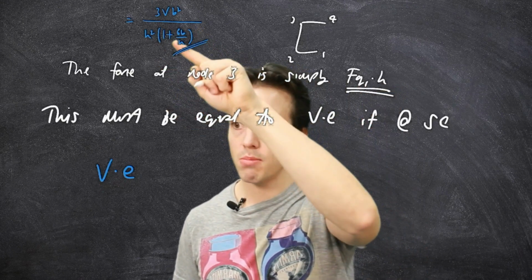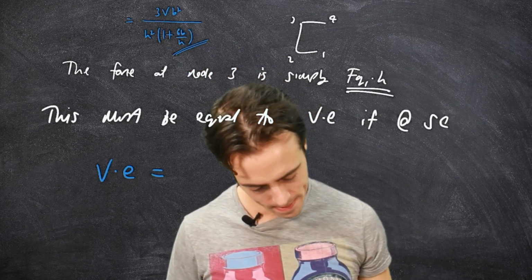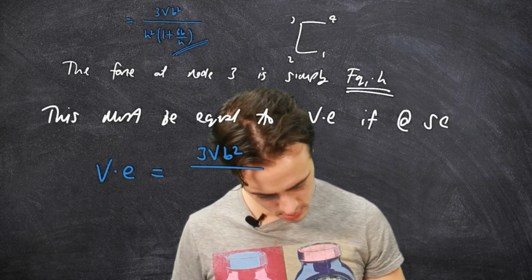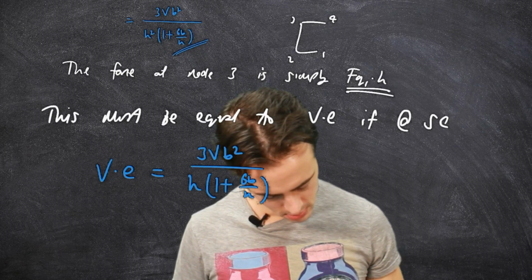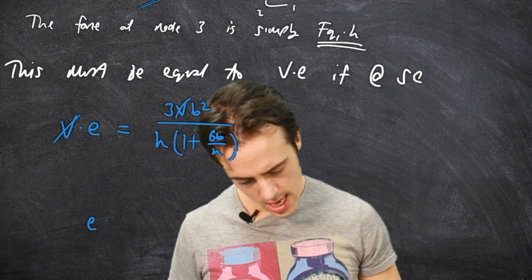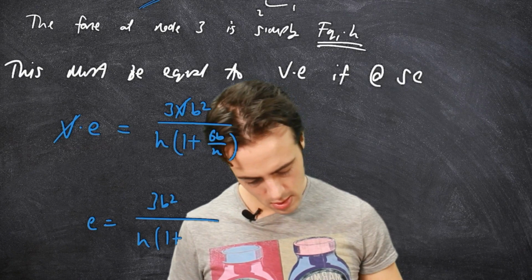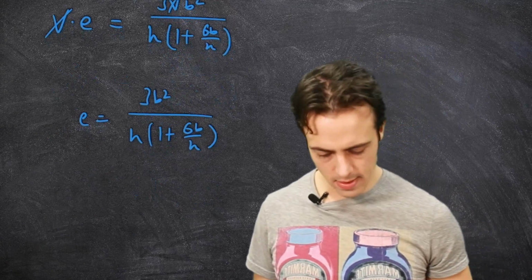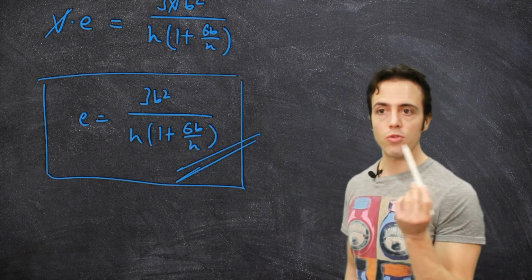So it's this bad boy multiplied by h, which just gets rid of the h squared on the bottom. Okay, and we see these v's cancel. E is equal to 3b squared over h, 1 plus 6b on h. Okay, so that is the location of the shear centre for this object.